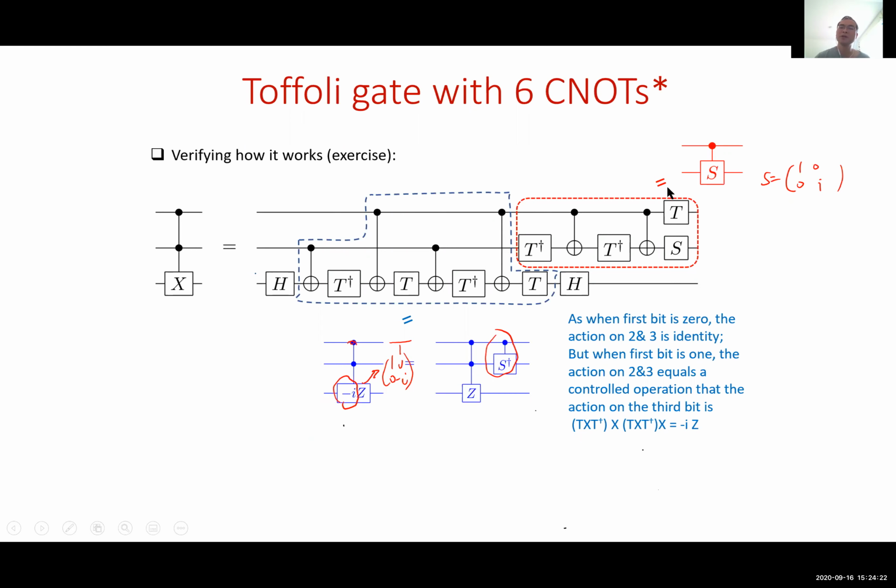When it's 1, it becomes a S gate. So you go through the similar calculations that I did previously, and you find that these two cancel. These two cancel. So these two blocks become a control Z gate, and then you use Hadamard gates to turn it into control X gate.